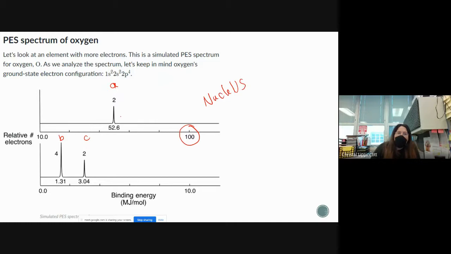And these then are going to be my 1s2 electrons. These and these then are going to be further away from the nucleus. Which ones are going to be closest to the nucleus, B or C, in this grouping? C, because my energy is greater here. So these are closest to my nucleus. So those are my 2s2. And then these are going to be my 2p4.